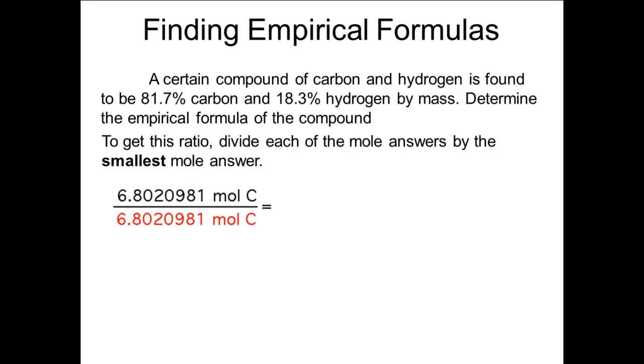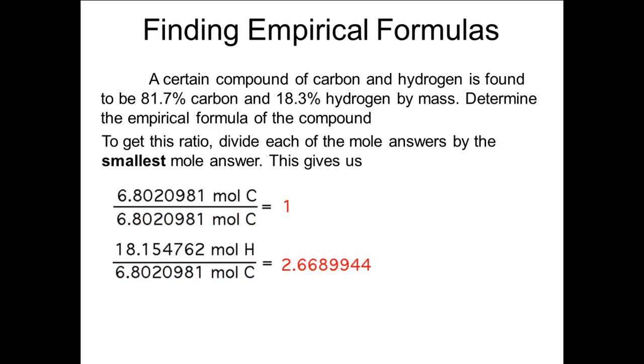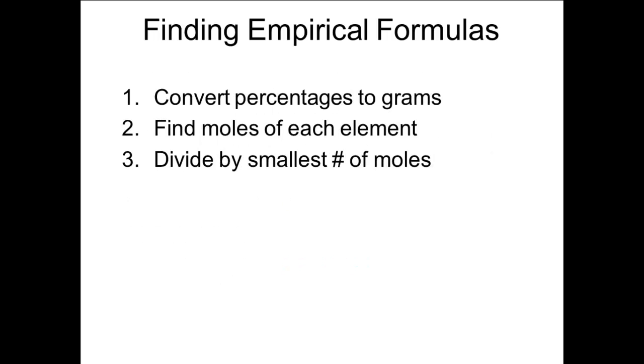So, we divide the moles of carbon by that, and we divide the moles of hydrogen by that same number. This gives us exactly 1 mole of carbon and 2.6689944 moles of hydrogen. So the third thing we do is divide each of the numbers of moles by the smallest number of moles.